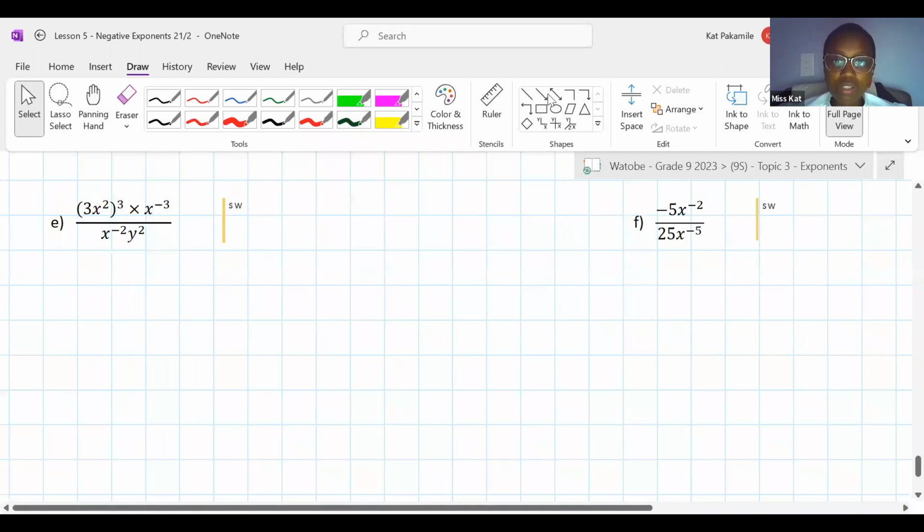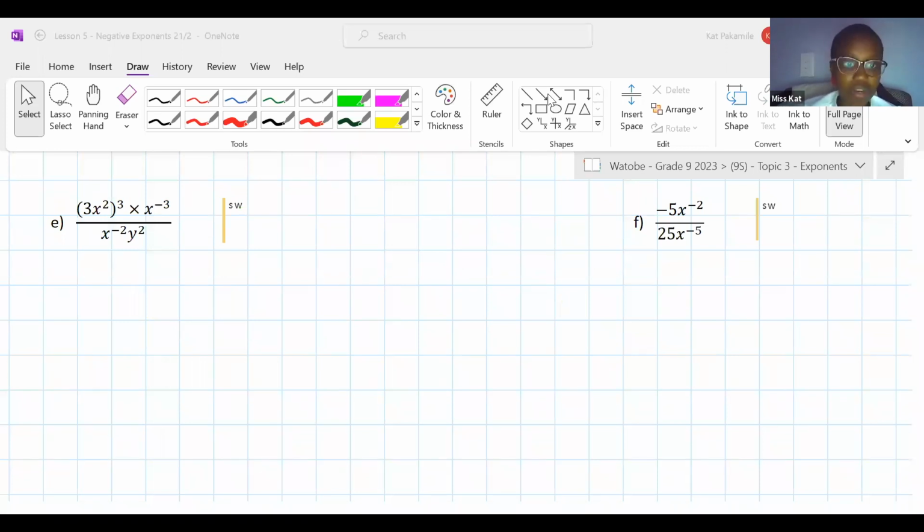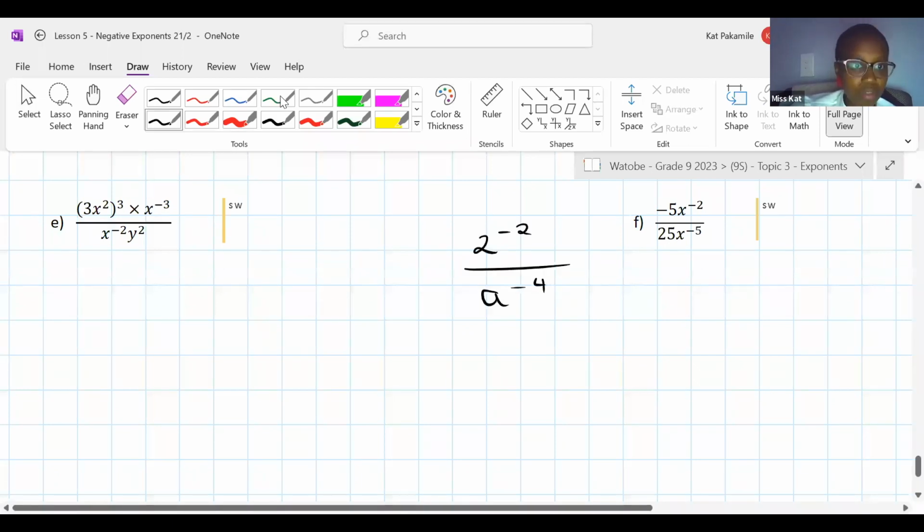Okay, so the positive is always on top, not necessarily. The positive is always where you leave it. Let me show you an example. Okay, if I have 2 to the negative 2 over a to the negative 4. These both have negative exponents.